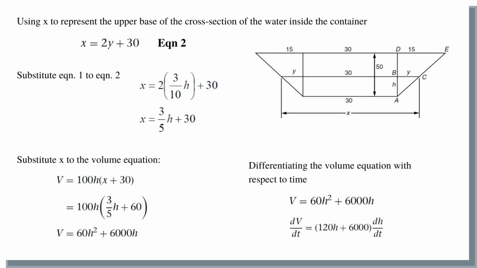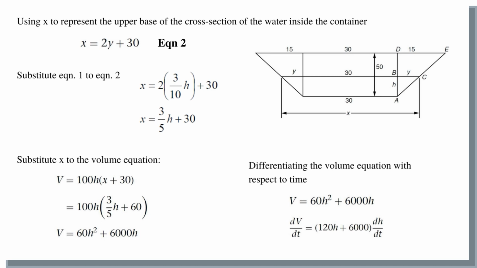Now, if you could still recall the derived volume equation, which is equal to 100h times the quantity x plus 30, we are going to express all of this in terms of h using the equation x equals 3/5 h plus 30.